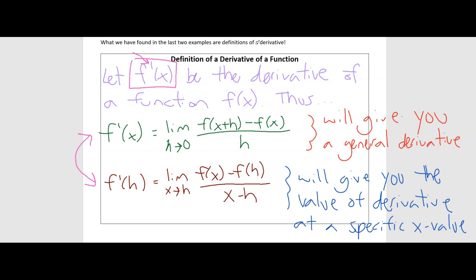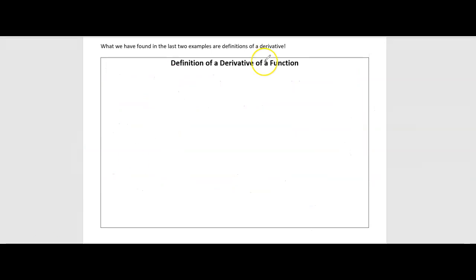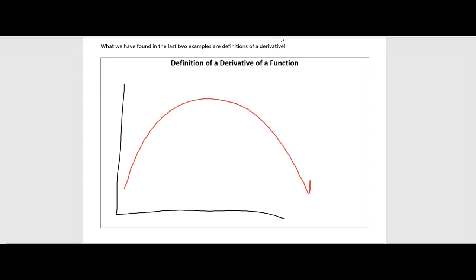So again, we know that the derivative is the slope of the tangent line. Let me draw you a little graph, and then let's talk about this notation a little bit more and what it means when we're talking about derivatives on a graph. So let's say I have a function. Let's say I have a point here.